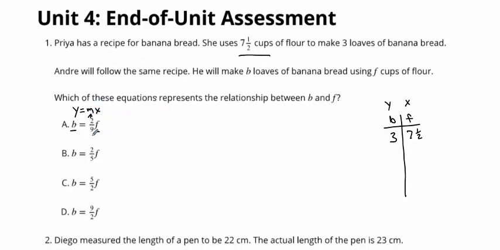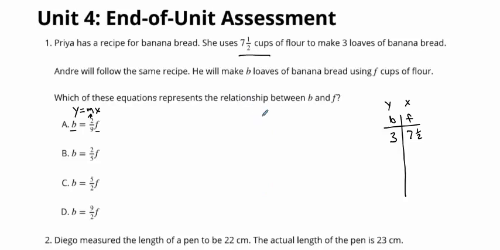So which one of these equations gives us the rate of how much flour for a loaf of bread, or how many loaves of bread per cups of flour?